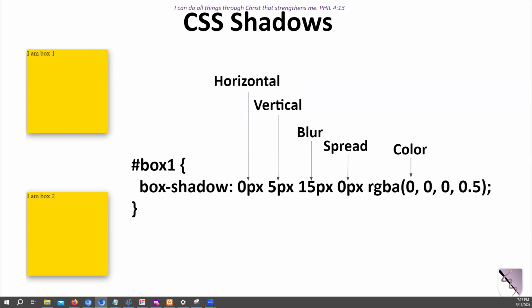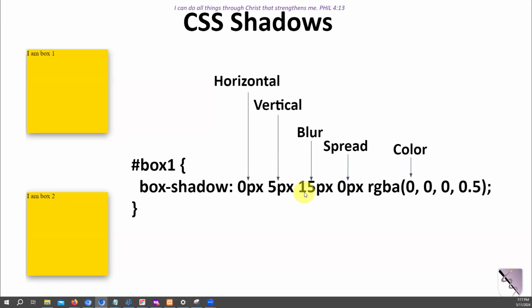At minimum, you must specify a horizontal offset and a vertical offset. Then everything else is optional, which is kind of crazy because there are a lot of optional values for the box shadow.